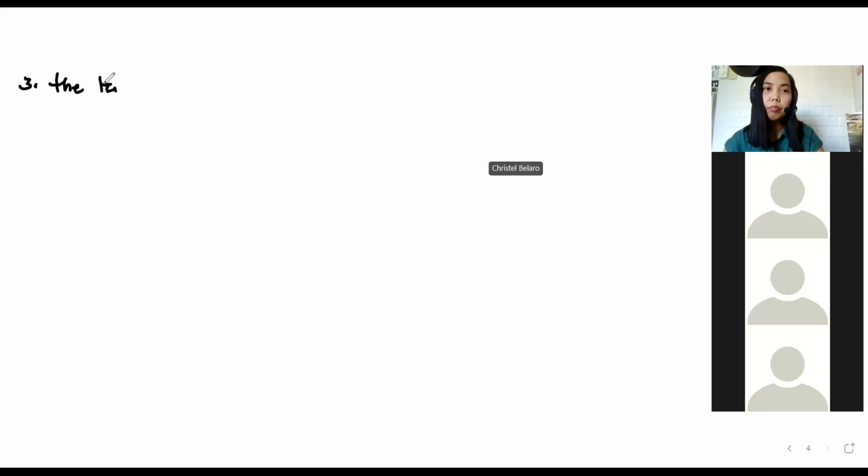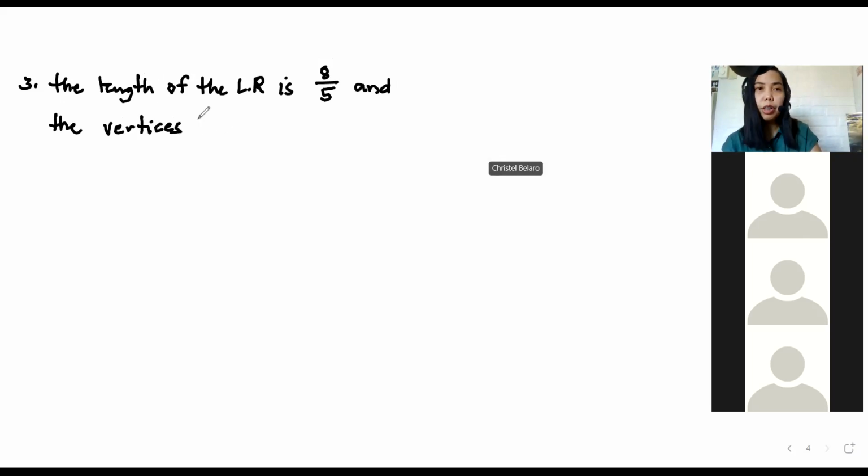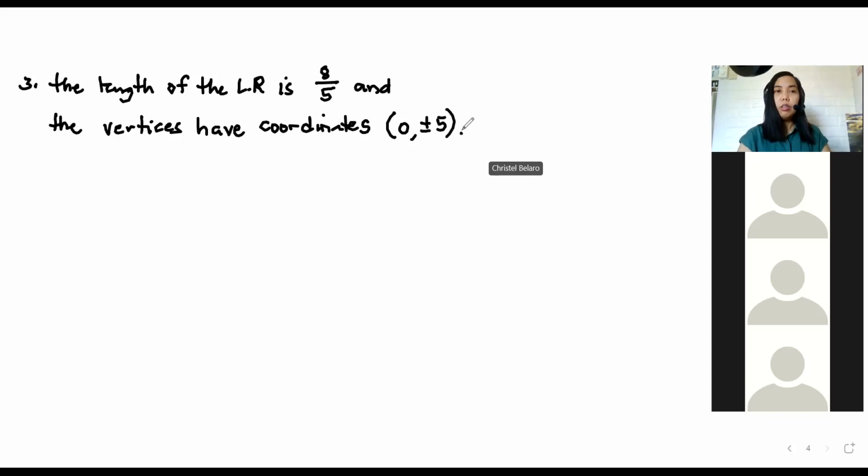So the given is the length of the LR or the latus rectum, class, of the LR is 8/5, and the vertices have coordinates 0, positive, negative 5.